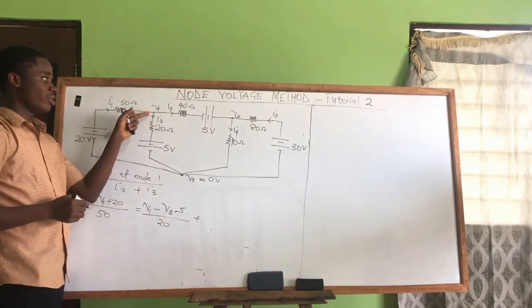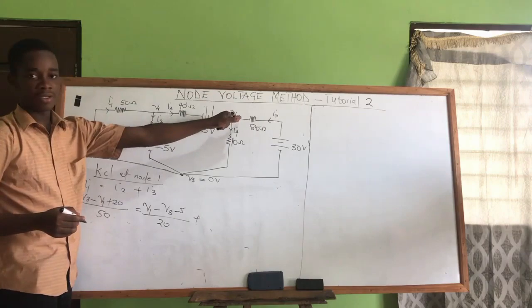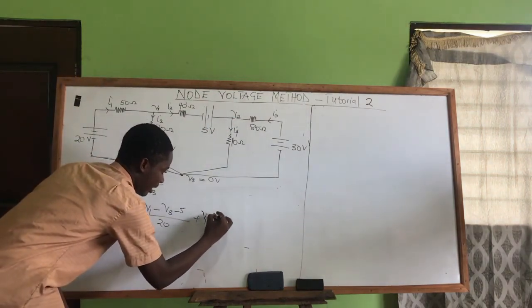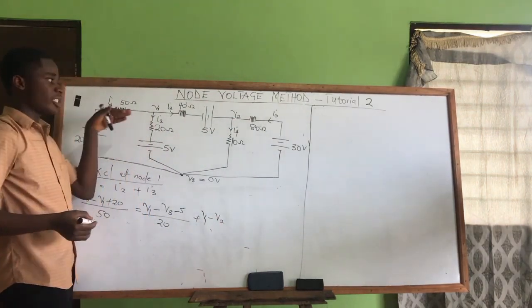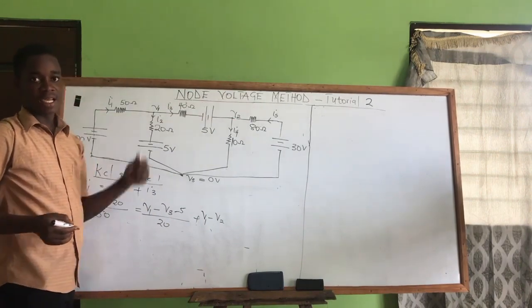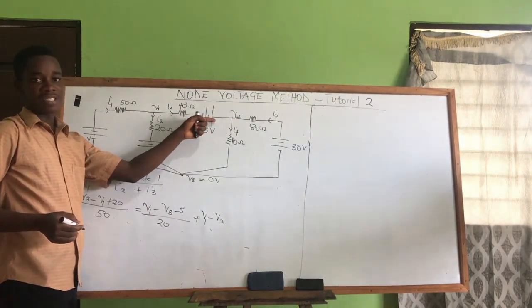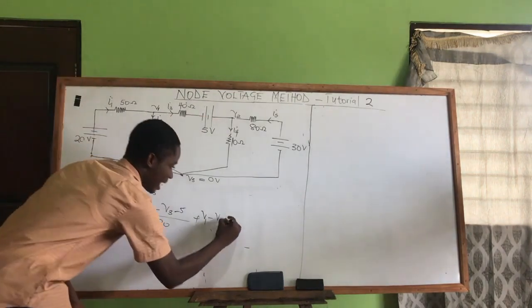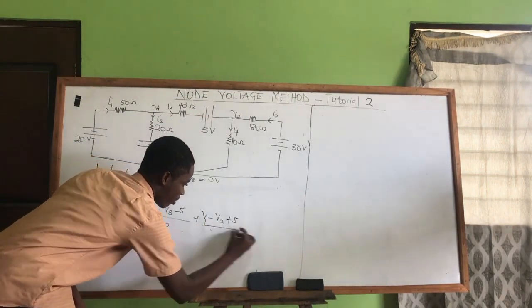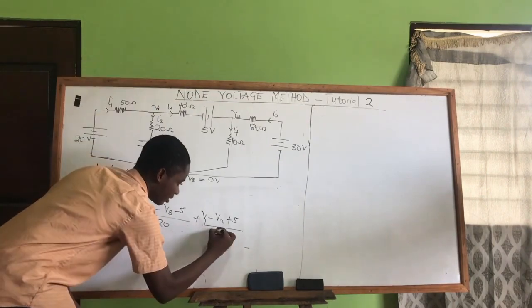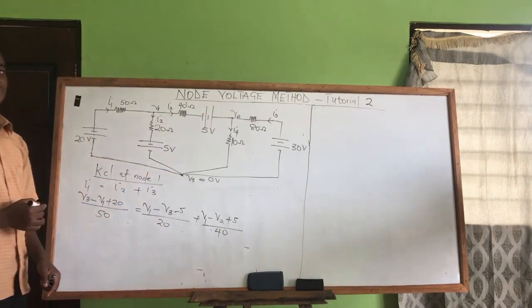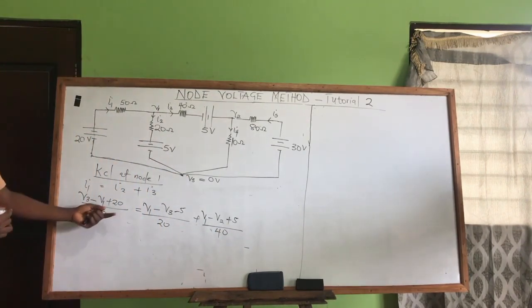It is starting from node V1 to node V2. So I have V1 minus V2. But on its path, it met another voltage, that is 5 volts, and that current will leave the positive of this voltage, so plus 5 over the resistor on that branch, which is 40.